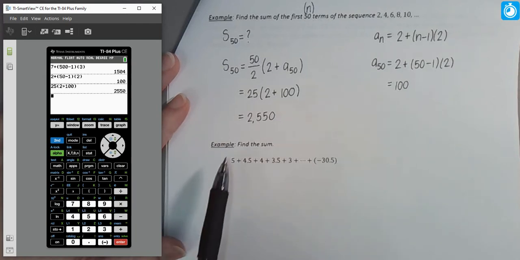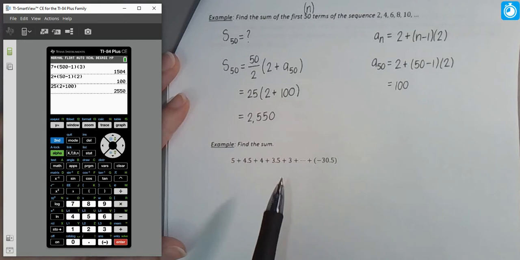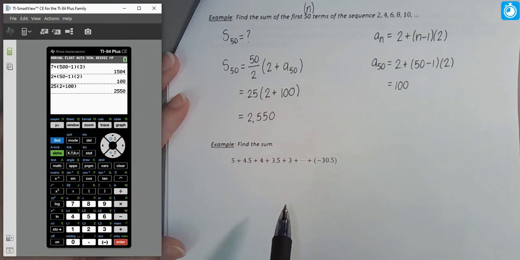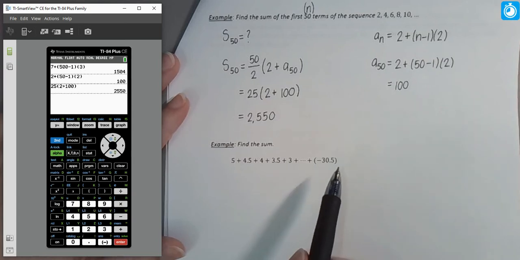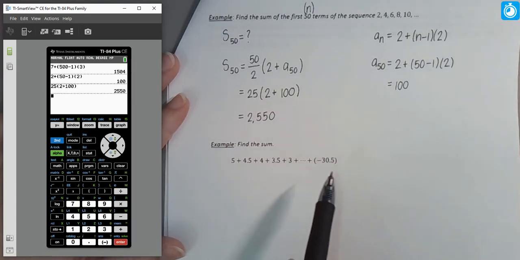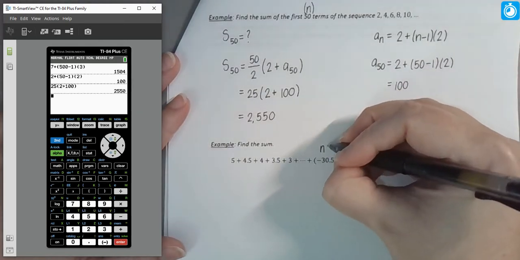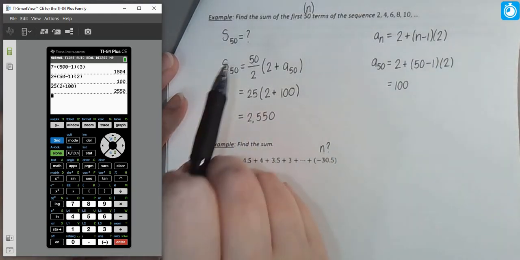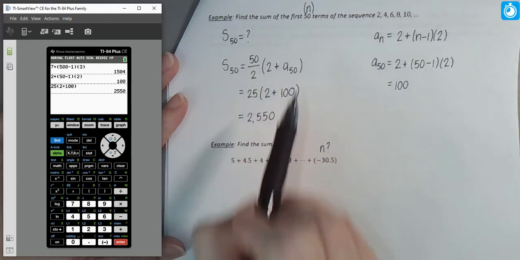Okay, so we continue to decrease, and we're adding up all the terms that progress in that fashion until we get to negative 30.5. But the question is, if we've made it out to this term, what is the value of n associated with that term? How many terms do we actually have? How many are we adding up? Because that's going to be important in evaluating our sum.